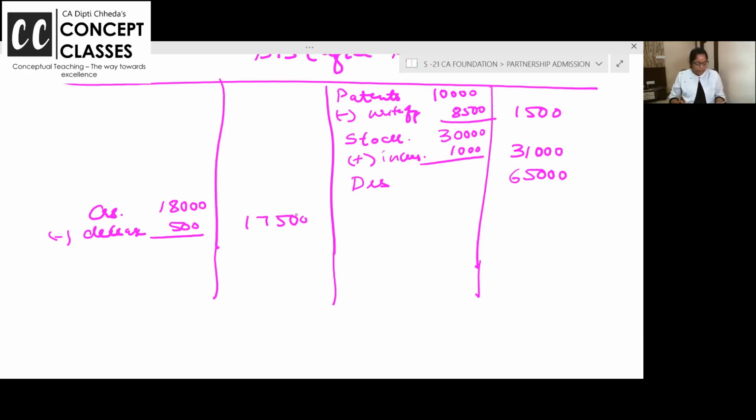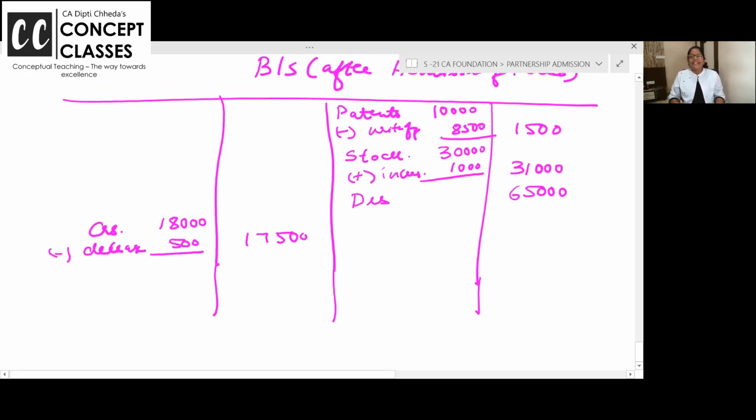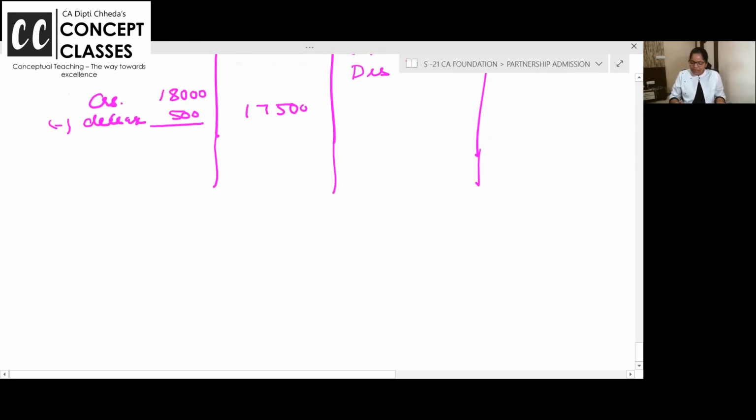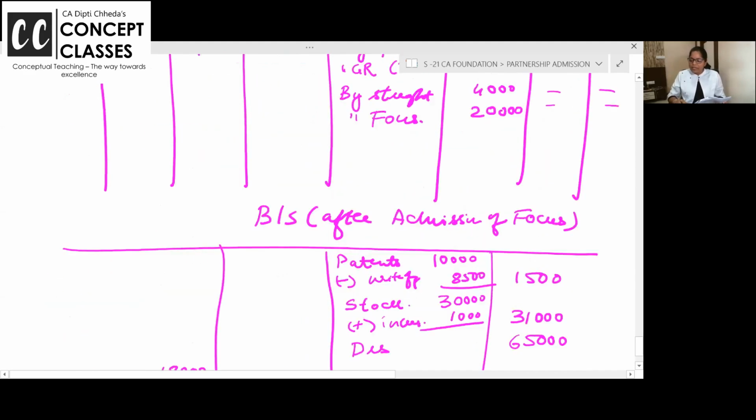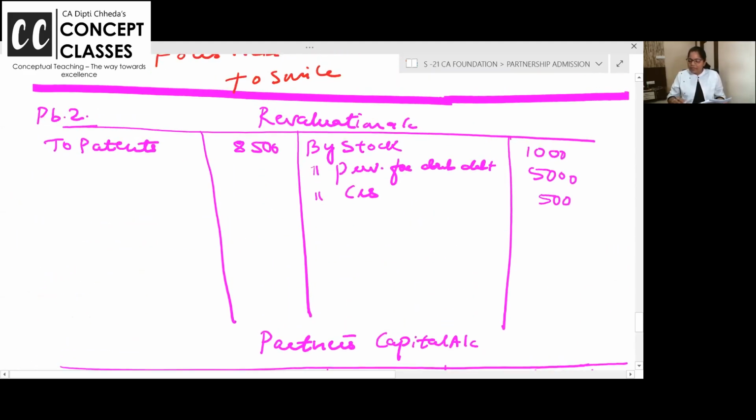Next, unaccounted accrued income 1,000 to be provided. We have seen these adjustments in the final accounts. Income is there. If it is received, bank to income. If not received, accrued income to income. So revaluation account is like income only, and you are creating an asset, accrued income.